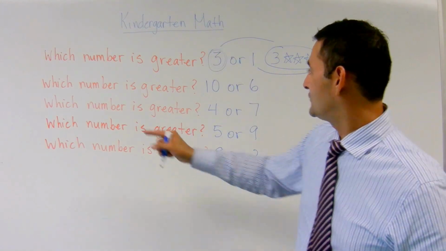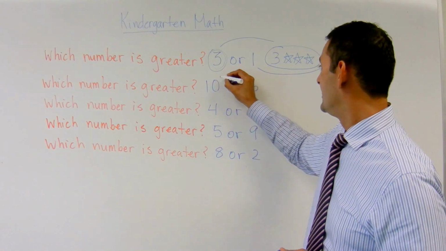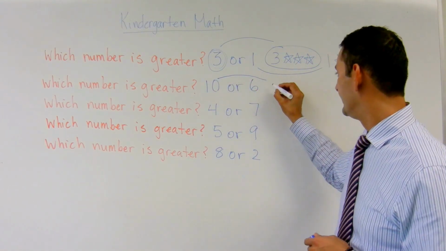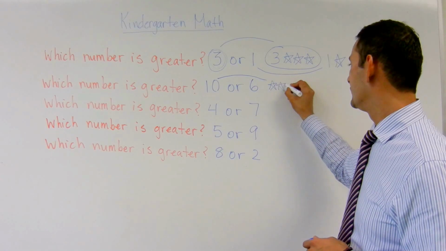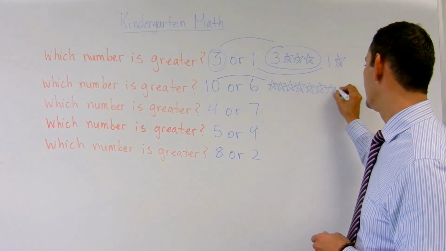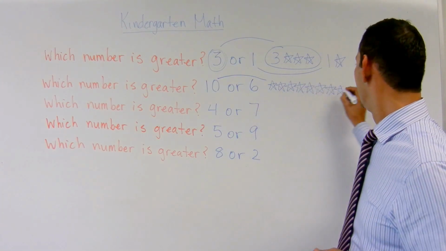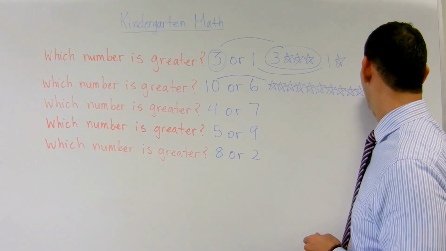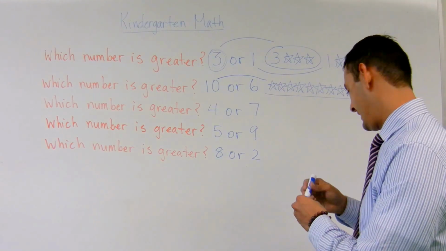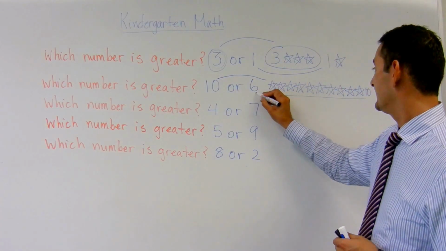Now let's take a look at this one. It says, which number is greater, 10 or 6? So let's move this 10 over here. I'm going to draw 1, 2, 3, 4, 5, 6, 7, 8, 9, 10 stars here. And I'm going to move this 6 over here.